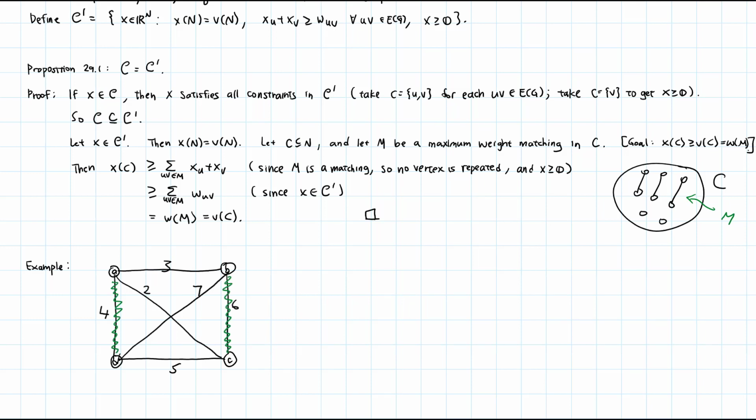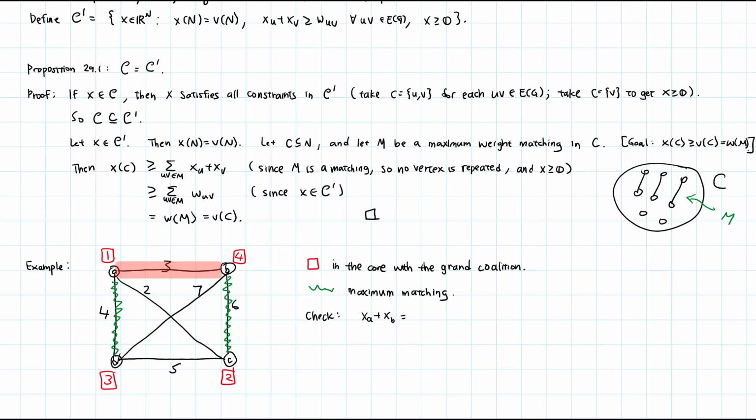We had a maximum weight matching of value 10. So our payoffs have to add up to 10 and satisfy all the inequalities. So one possibility is 1, 4, 2, and 3. We can check some of the inequalities.